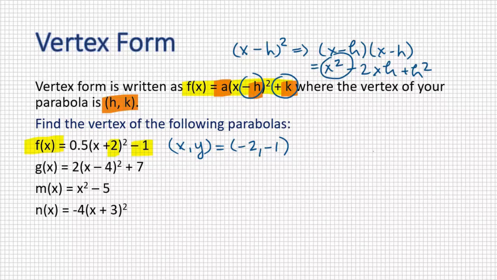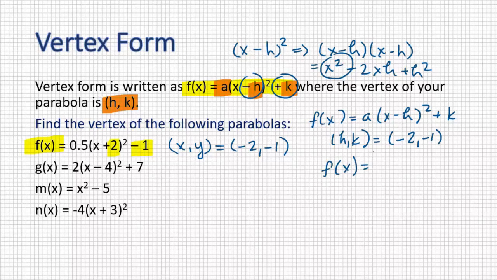Why does this work? Let's try it by starting with the vertex. If our function is f of x is equal to a times (x minus h) squared plus k, what happens when we substitute in the value (h, k) that we just found? The value of (h, k) in our case was (-2, -1). All right, so we have f of x is equal to a times (x minus our value for h), and our value for h is -2, so we have x minus -2.